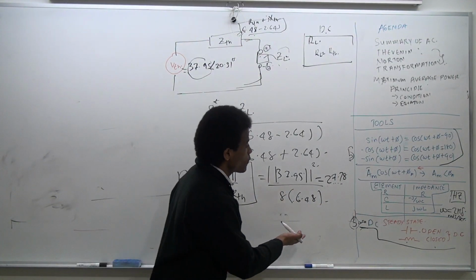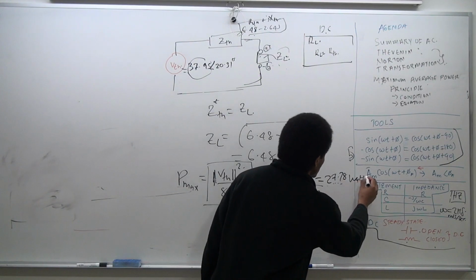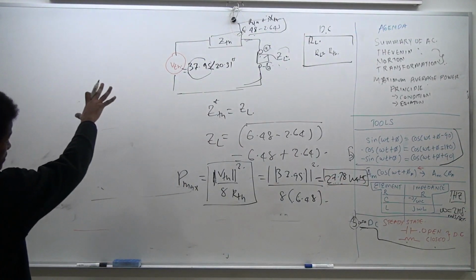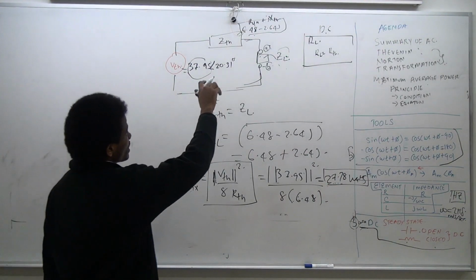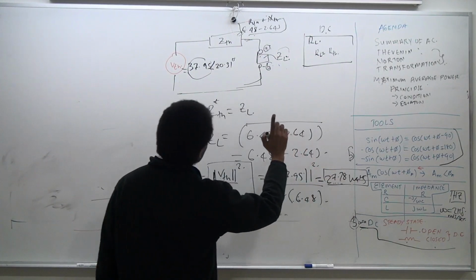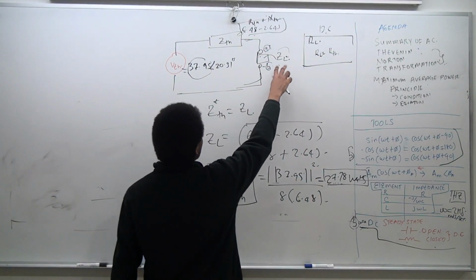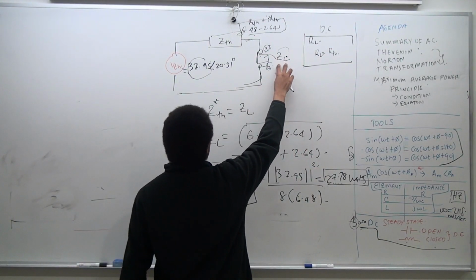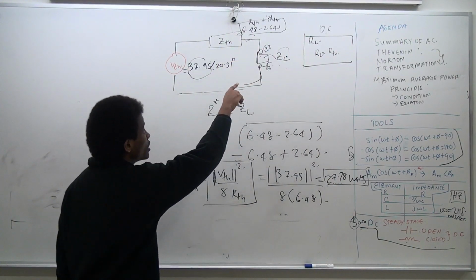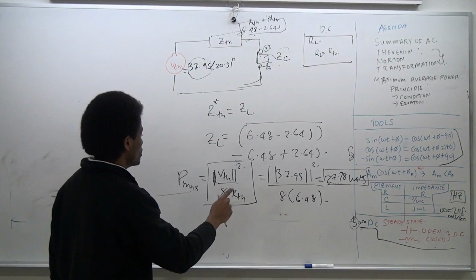Watts. So this is our final answer. Under this network, we're able to extract the power of 27.78 watts, again under the assumption that the Z load is equal to the conjugate of Z Thevenin, which is the maximum optimization condition to withdraw maximum average power.